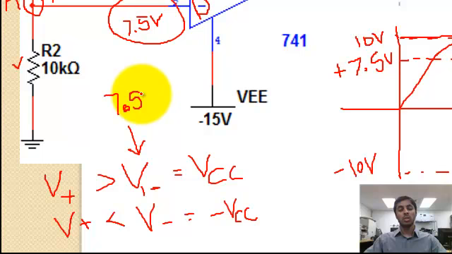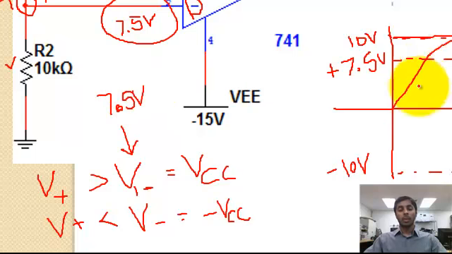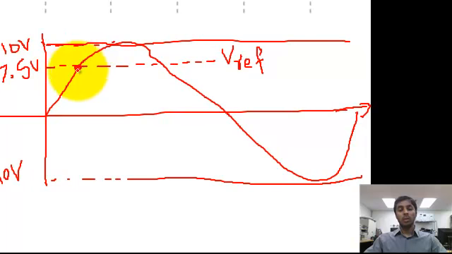It's not changing, but V positive is changing because it is a sine wave. At the 0 point, no voltage exists, so the output is going to be 0 for an ideal op-amp. As the input signal is increasing, it should cross the reference, otherwise the output will not change its state.